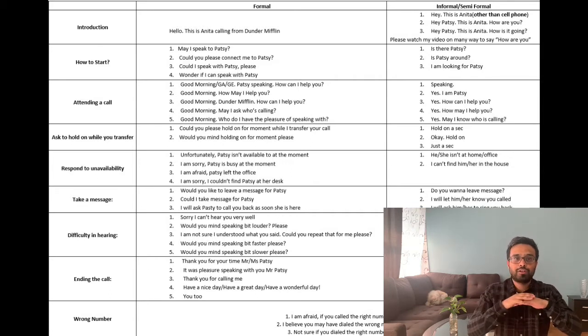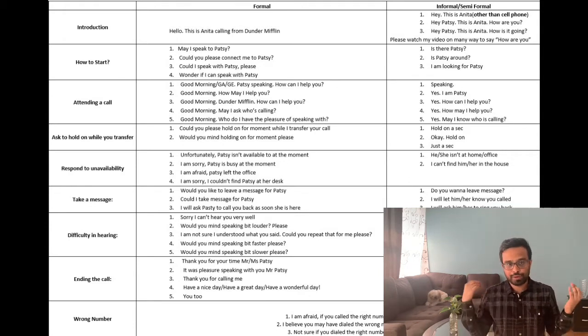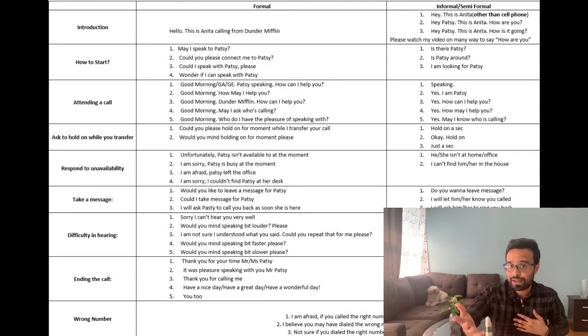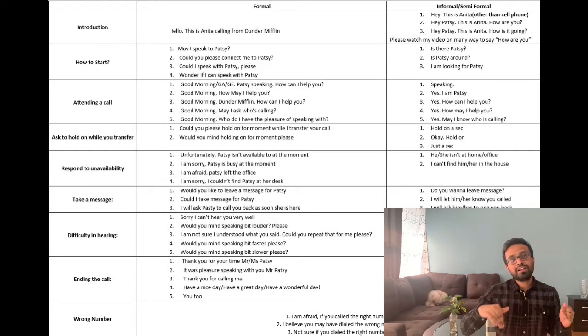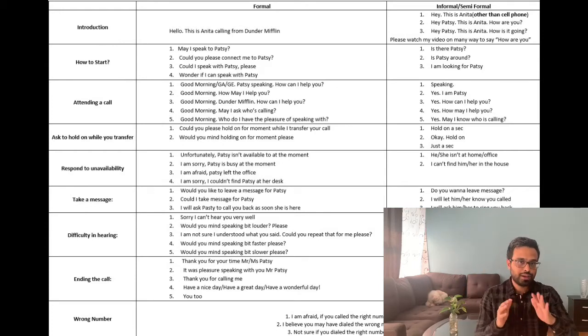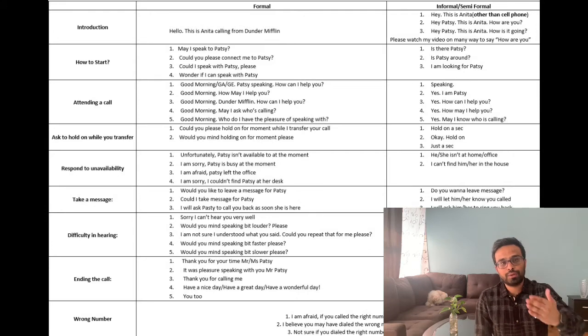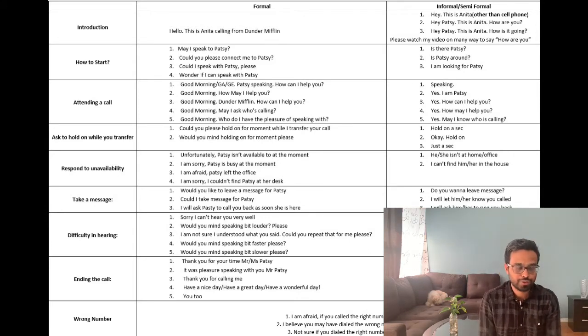So I'm going to be using a common name for the person you're looking for, Patsy. Patsy is my dog's name, so I'm calling for Patsy. The caller name is going to be Anita. Anita is going to call for Patsy. So I'm going to mention Anita as the caller and Patsy as the person on the other end. In order to make it clear, I've addressed Anita and Patsy throughout the video, so don't get confused.